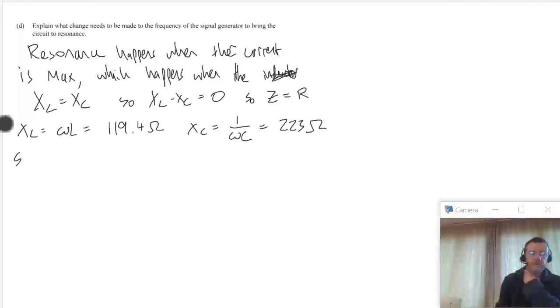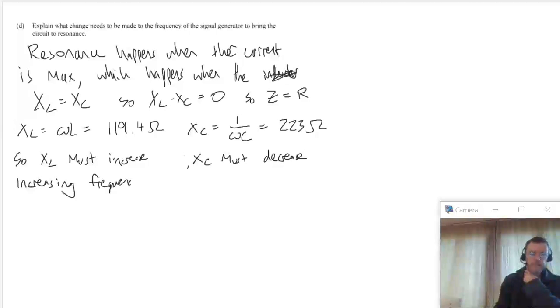So XL must increase and XC must decrease, increasing frequency.